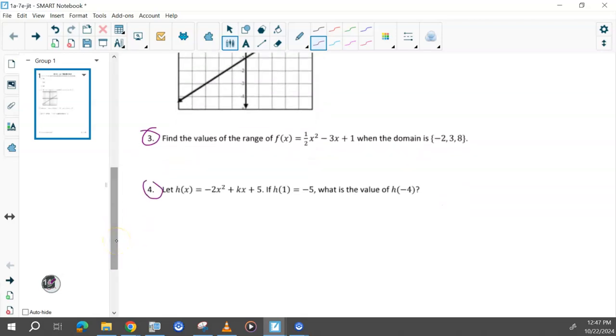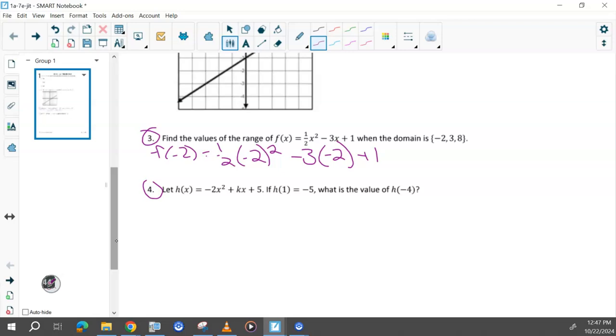Alright, with number 3, we need to put each of these values in for x and find the range values for each of these. So I would start with -2. f of -2 equals 1/2 times -2, use parentheses, squared, -3 times -2 plus 1.